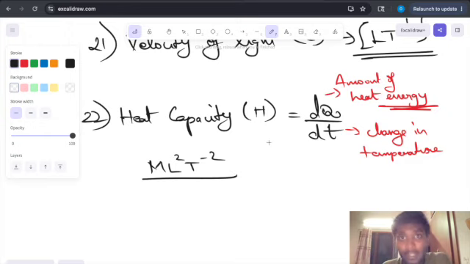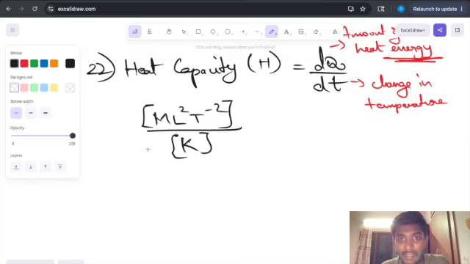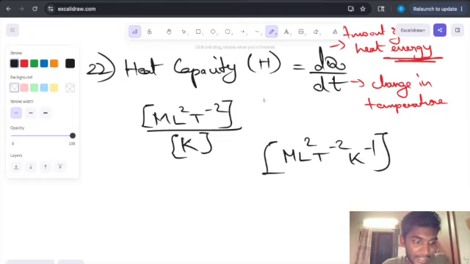Temperature is a fundamental quantity, therefore it has the dimension K, Kelvin. There are 7 fundamental quantities as we have discussed in our previous class. They are length, mass, time, temperature, electric current, amount of substance, and luminous intensity. So temperature is a fundamental quantity, therefore we are bringing in K right now. From this we get H is equal to ML square T minus 2 K inverse. Therefore the dimension of heat capacity is ML square T raised to minus 2 K inverse.